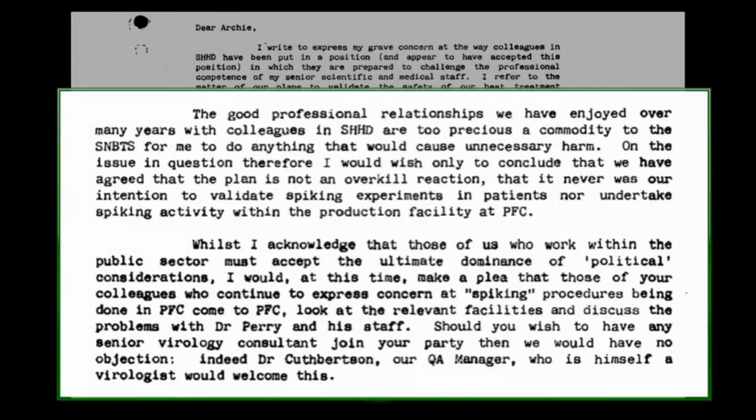And then he says this, whilst I acknowledge that those of us who work within the public sector must accept the ultimate dominance of political, in speech marks, considerations, I would at this time make a plea that those of your colleagues who continue to express concern at spiking procedures being done in PFC come to PFC, look at the relevant facilities and discuss the problems with Dr. Perry and his staff.